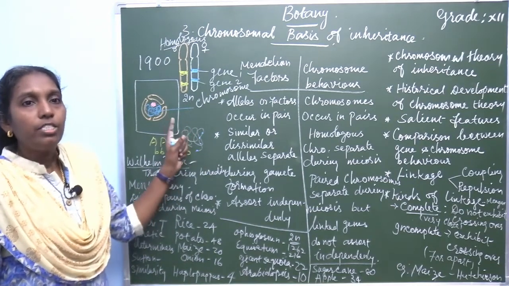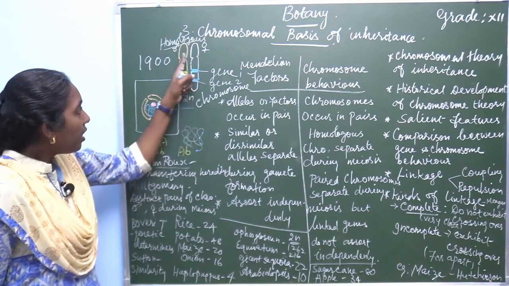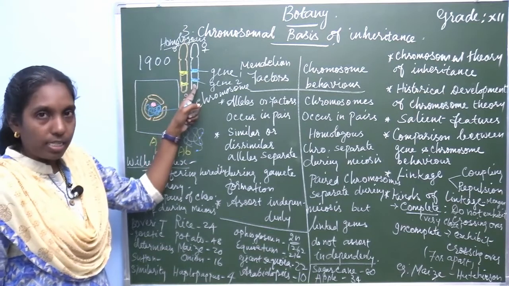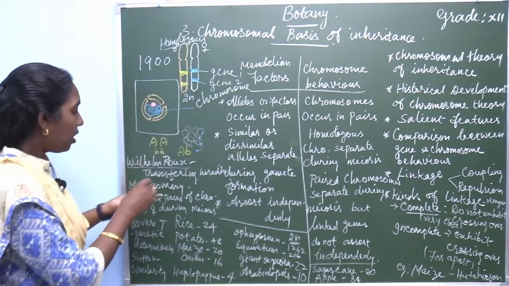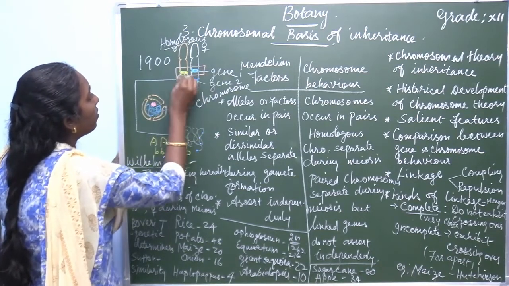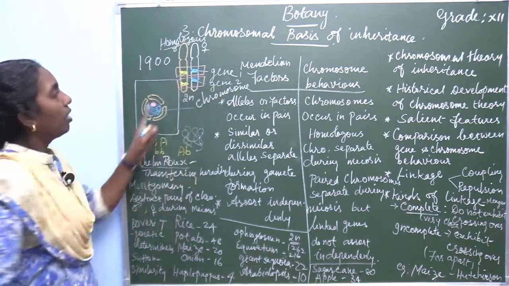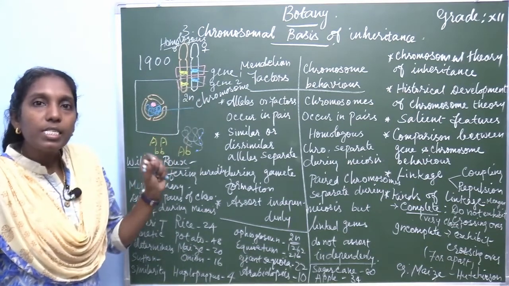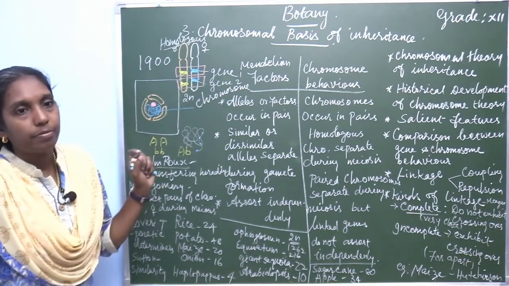Then each chromosome carries a specific locus, a specific position. This is the locus, where the genes are located in a specific position.